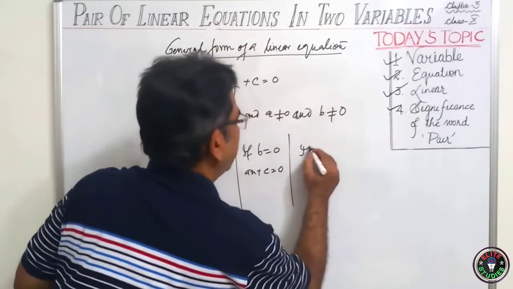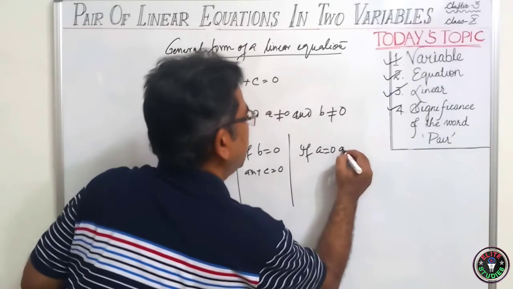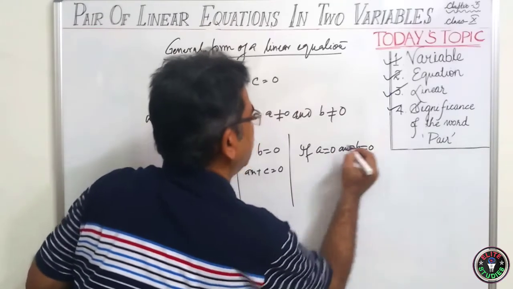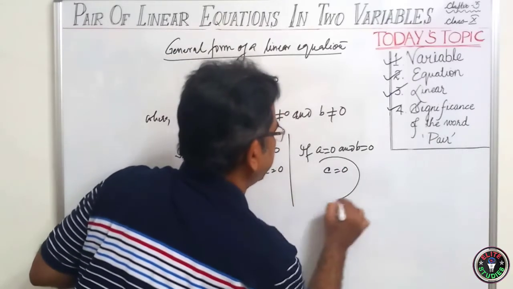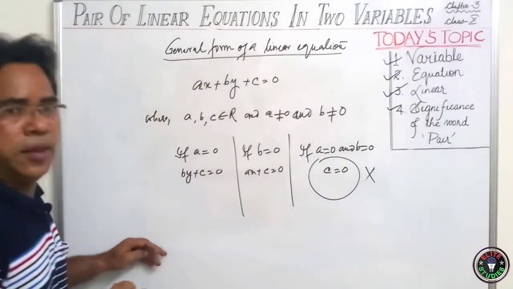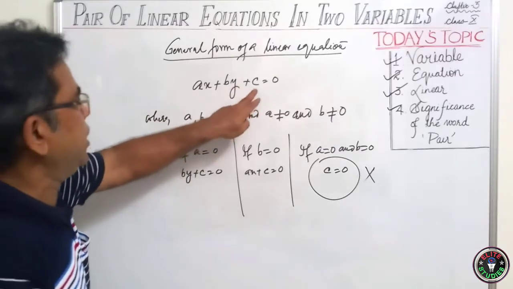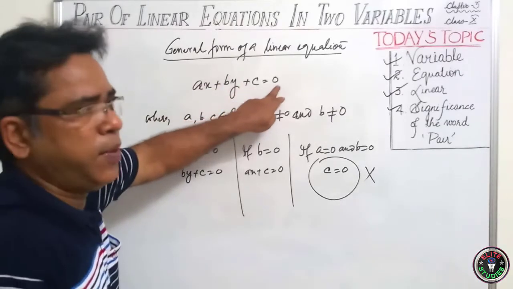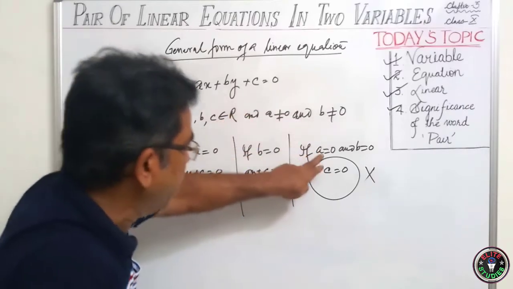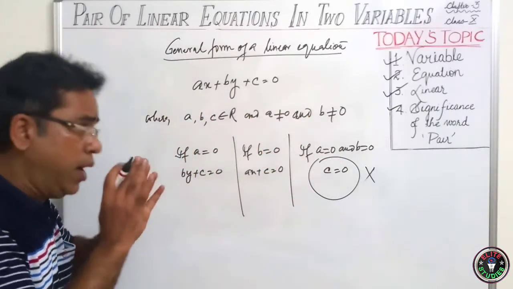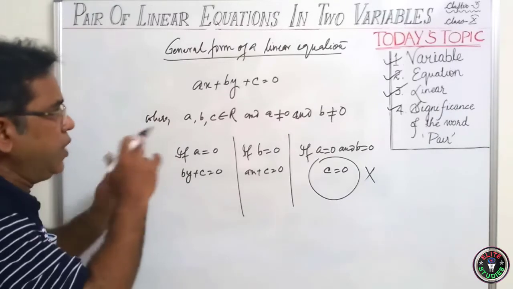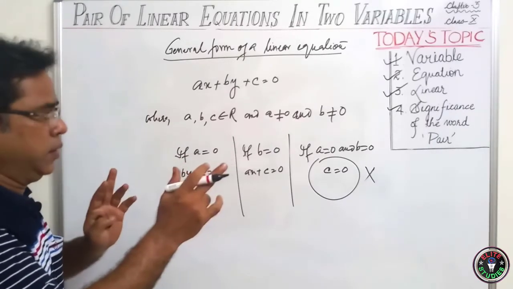But if a is equal to 0 and b is equal to 0, then it becomes c is equal to 0. This is not correct, because suppose in an example it is 5, and 5 cannot be equal to 0. So a and b simultaneously cannot be 0.